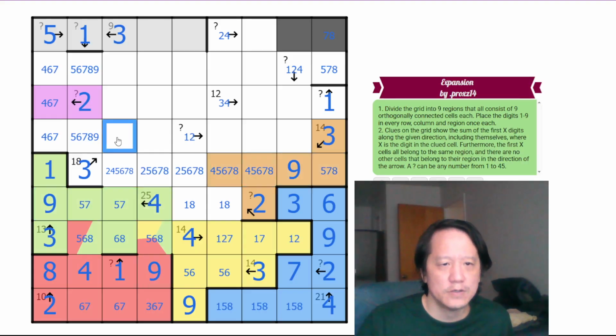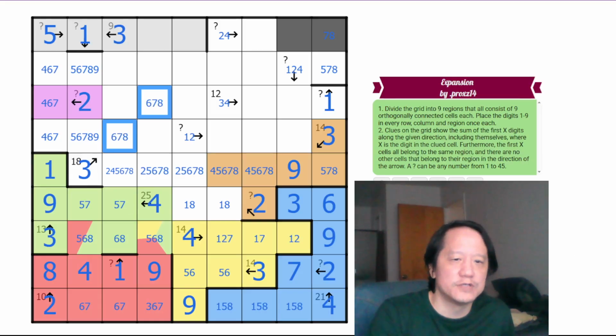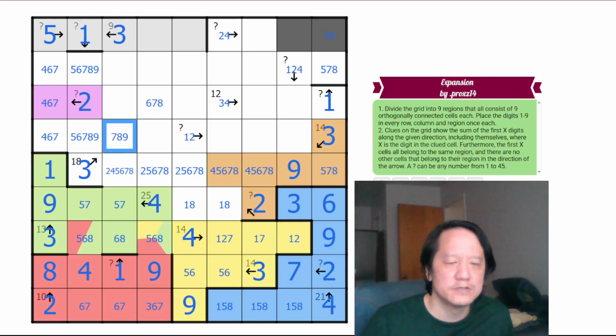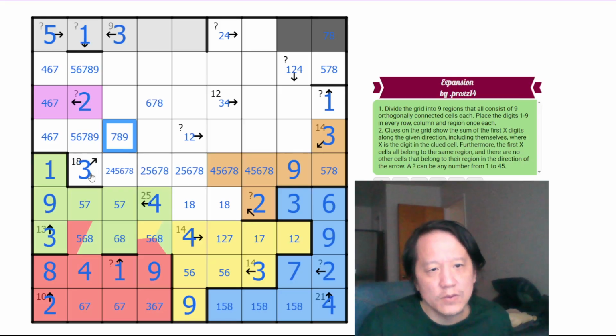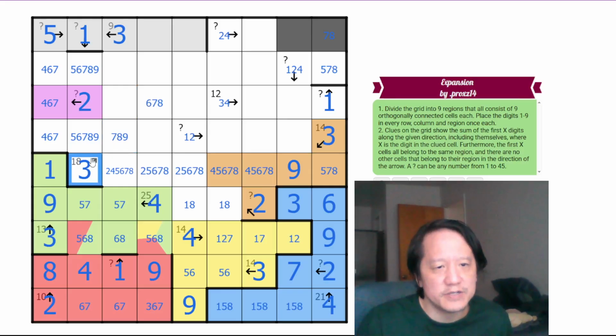Okay. These add up to 18, so it's either 6, 9, or 7, 8 here. This can't be 9, so this can't be 6. Because these 3 must add up to 18, because 18 minus 3 is 15.